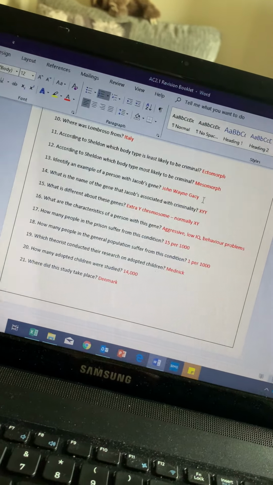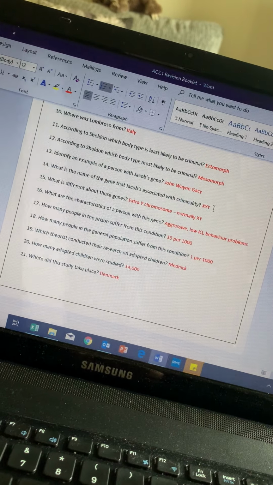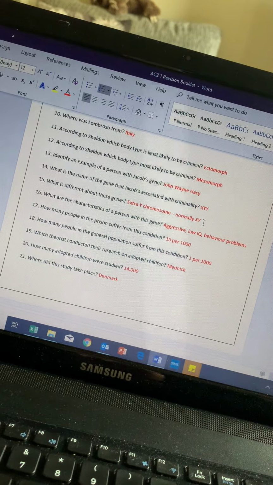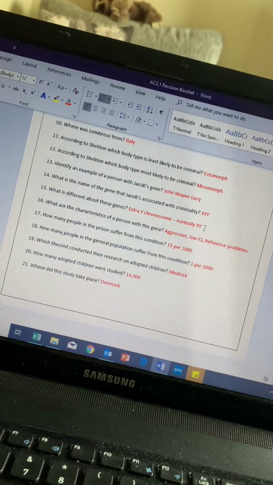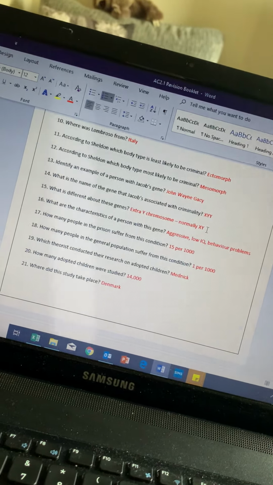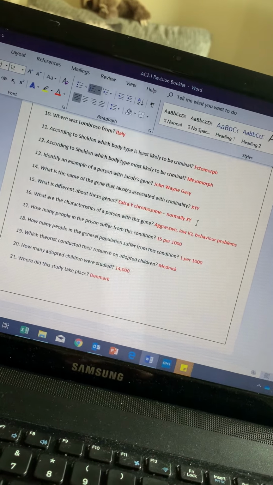The gene that's associated with criminality is obviously XYY. The difference about these genes, okay, is it's just an extra Y chromosome. Normally you have an XY if you're a male, but if you receive this extra chromosome, then it would be an XYY, so that's the difference.